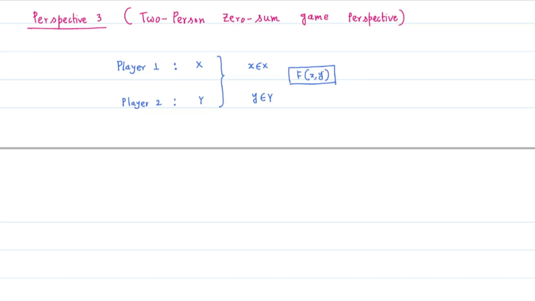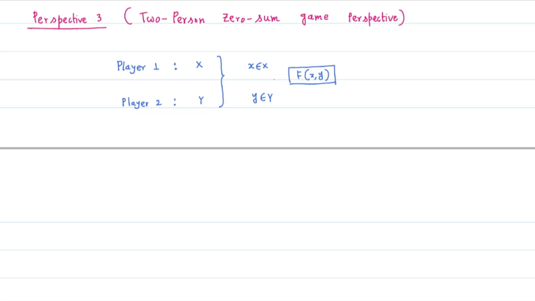Here we notice that we have not restricted the values of f(x,y). If f(x,y) is negative, then obviously player 2 is paying an amount of f(x,y) to player 1. So it is not always the case that player 1 is paying to player 2 for every action, right? So here we consider this payoff function f(x,y) given by the chosen strategies small x and small y respectively by player 1 and player 2.